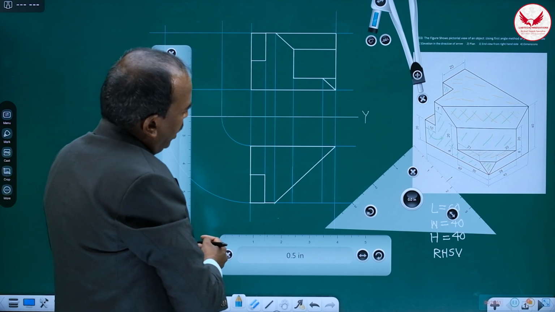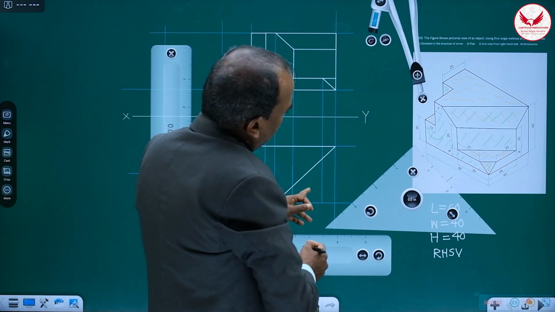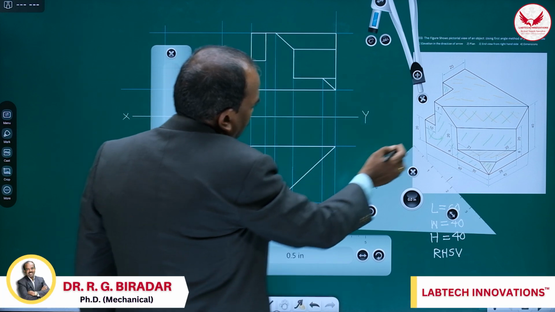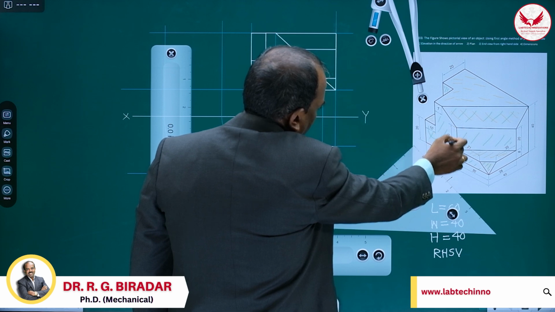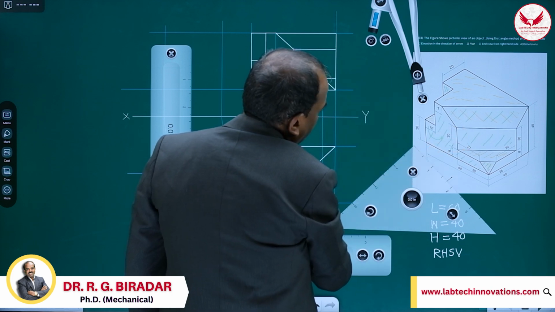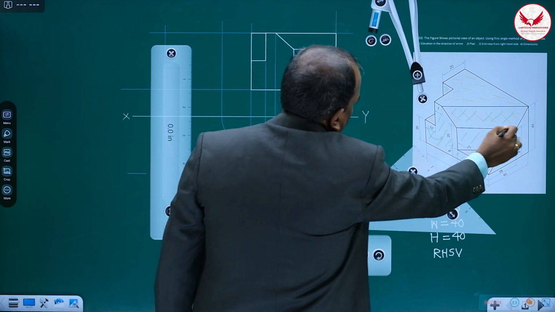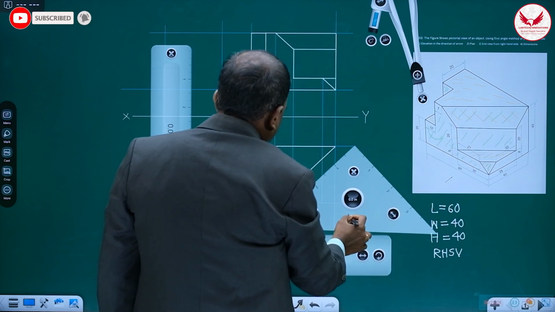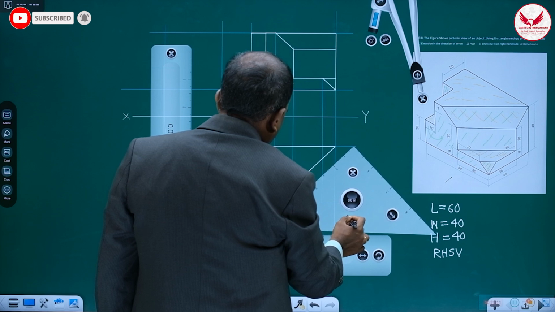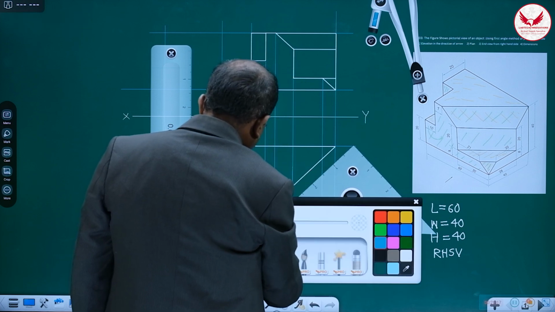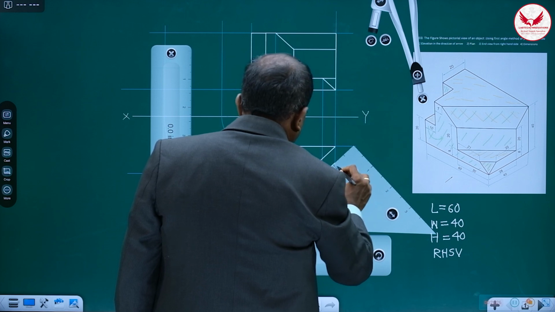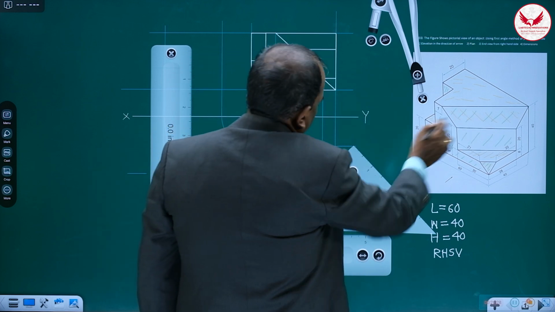Whatever this portion is there, it will be parallel to this, so this line and this line are parallel, but from this line up to the end, these two lines are parallel. So from this, I'll mark this line. So this portion is there.